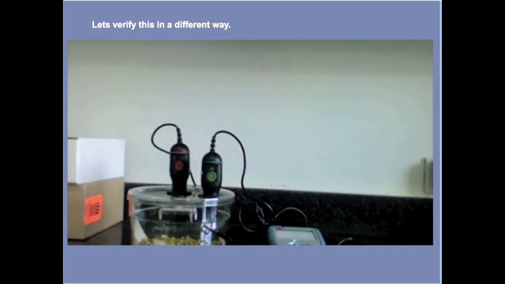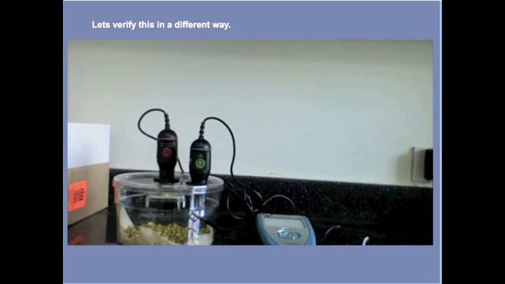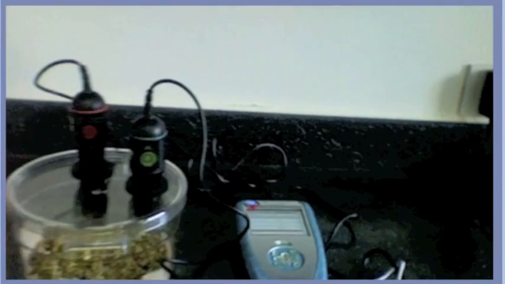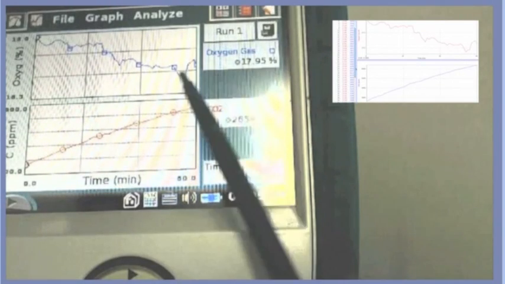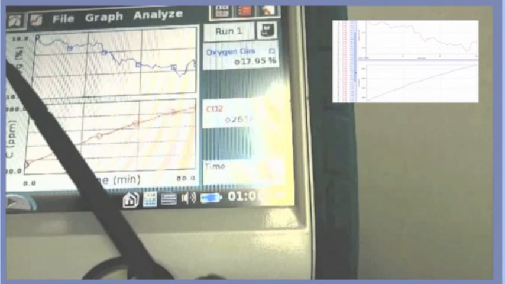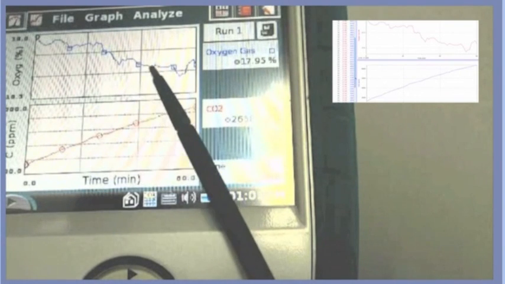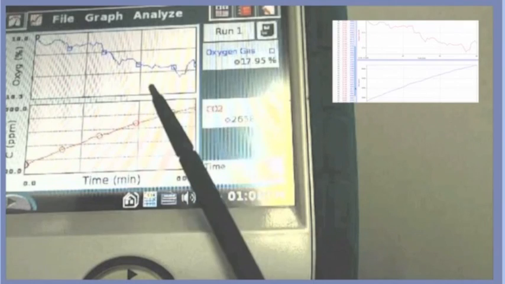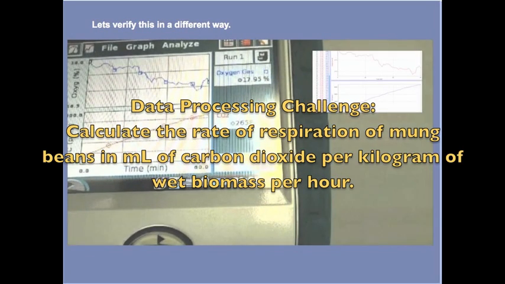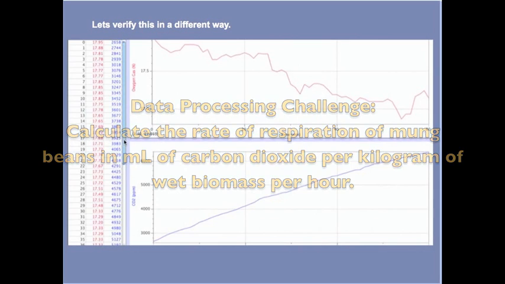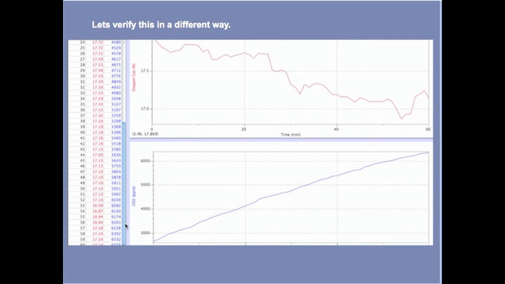So at the end of our hour, we see that carbon dioxide concentration rises and oxygen shows a corresponding decrease. And if we analyze this very closely, we would see a very close correlation between the outputs and inputs of respiration, which are oxygen and carbon dioxide.